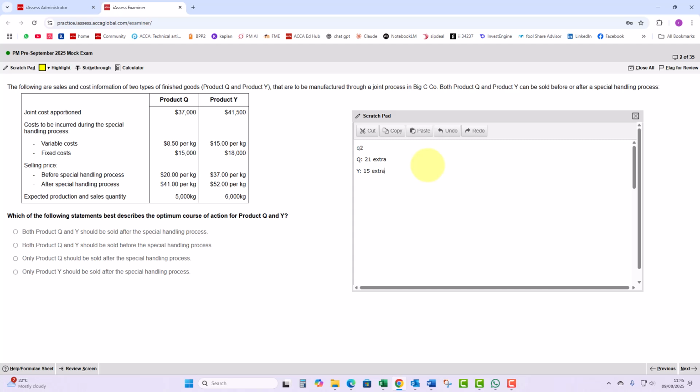Sometimes questions offer us shortcuts, and I can now see a shortcut. If my variable cost for Y, for the additional handling, is 15, and I get 15 extra, then I'm not getting any additional contribution to my fixed cost. So I can already decide that there's no point doing Y. So for Q, I need to work out what that additional fixed cost is going to be.